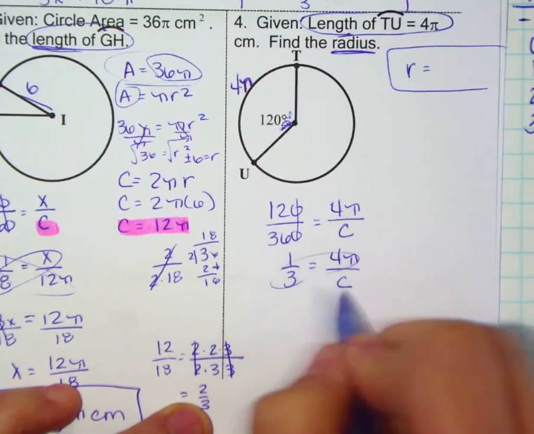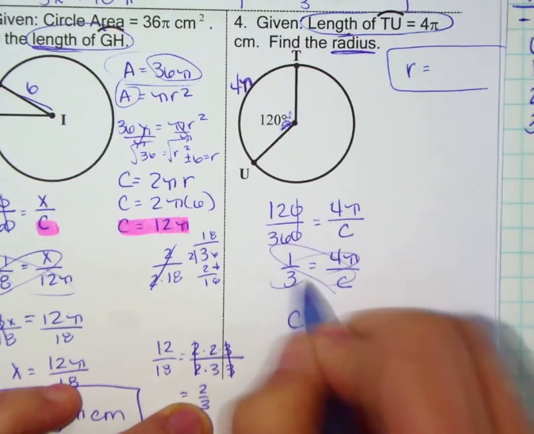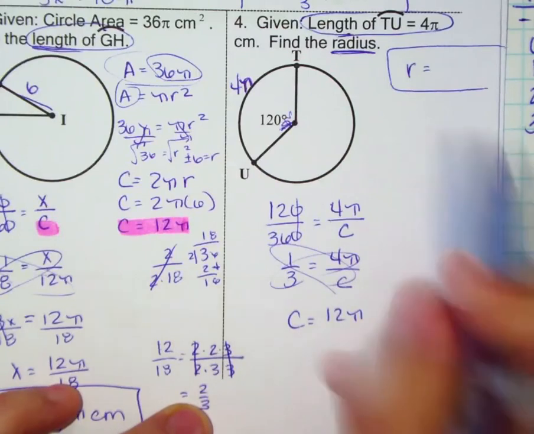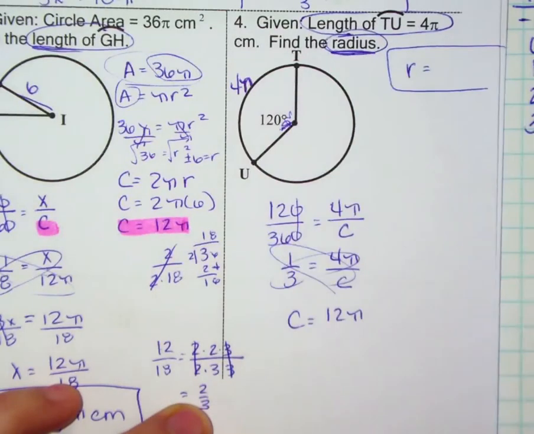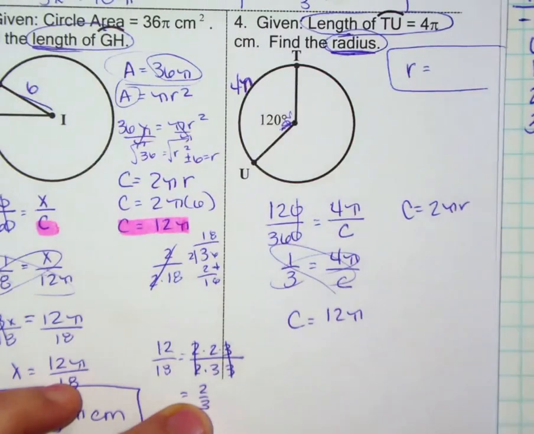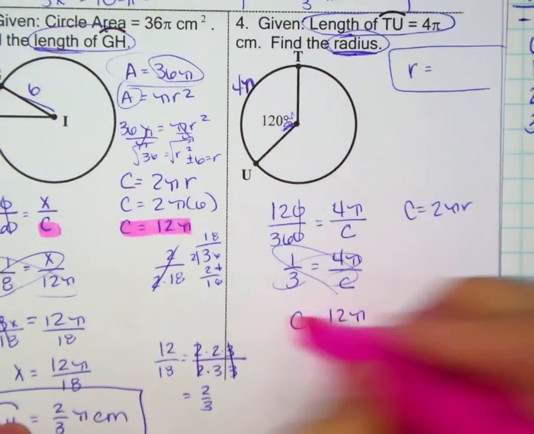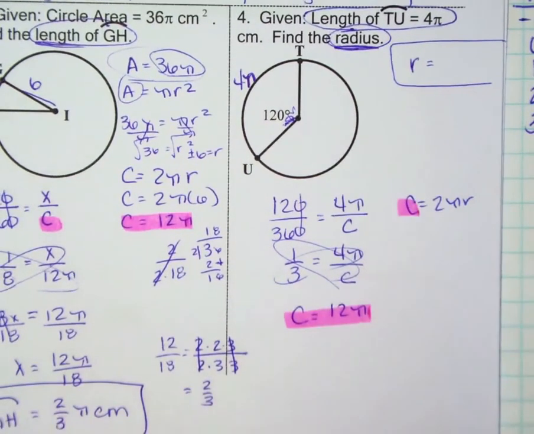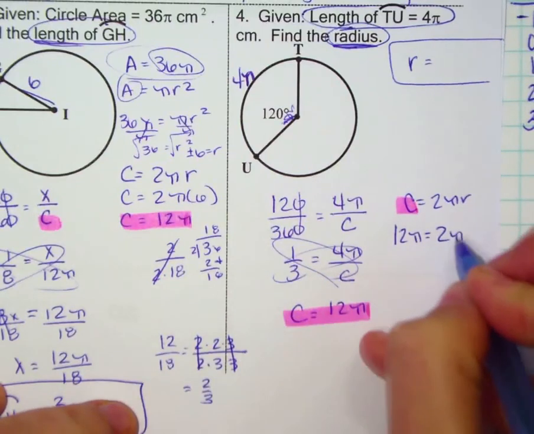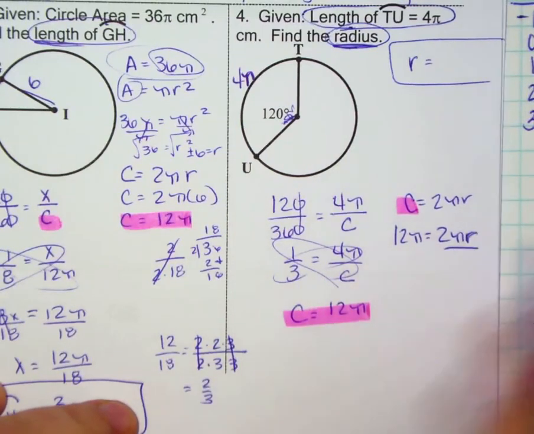Cross multiply. C equals 12 pi. Is that what we're solving for? No. We need the radius. But we know the circumference is equal to 2 pi r. We know the circumference is 12 pi, so we'll substitute 12 pi in for the circumference and solve for r.